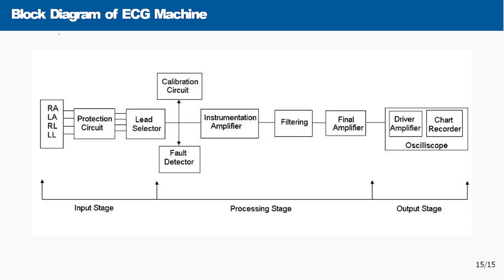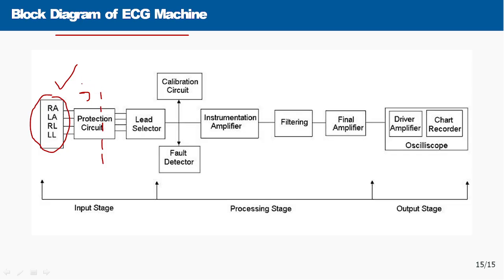Now this is the block diagram of the ECG machine. As we know, we have different leads: right arm, left arm, right leg, left leg. All these leads are connected to a protection circuit, meaning an isolation circuit. This isolation circuit will not allow direct current flow, because these leads are connected to our chest, so there may be shock hazards.